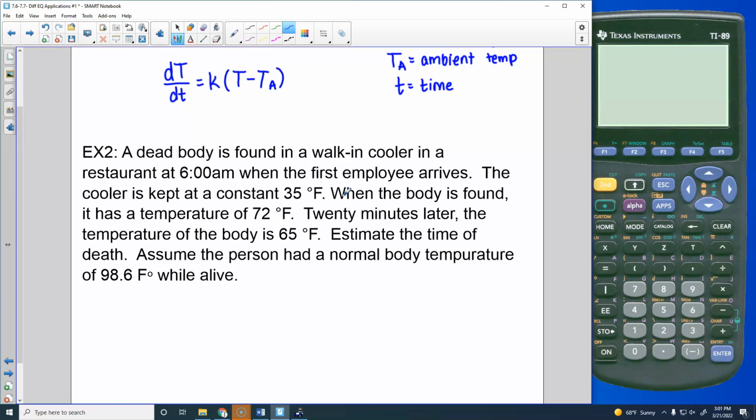It probably got colder over the night. But if you find somebody in a temperature-controlled environment, you can assume that it was the same temperature, especially in this case, it's a walk-in cooler, so it should stay the same for this whole time. If you had it tracked where you could have an equation for your temperature, you could, but it would make it significantly more difficult.